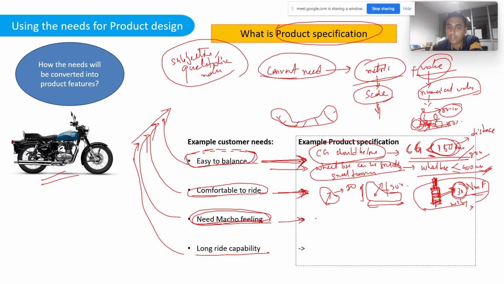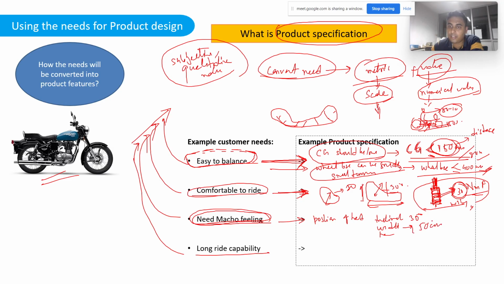Yeah, okay, so that is one. Position of handle, that means handle inclination, 30-degree inclination.